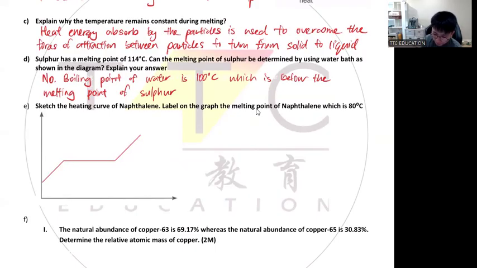Don't forget to label the y-axis temperature, against time, usually time in seconds. Seconds or minutes also can, they never say anything. Then they say 80 is the melting point, so you just have to label your straight line as 80. The straight line there is 80.